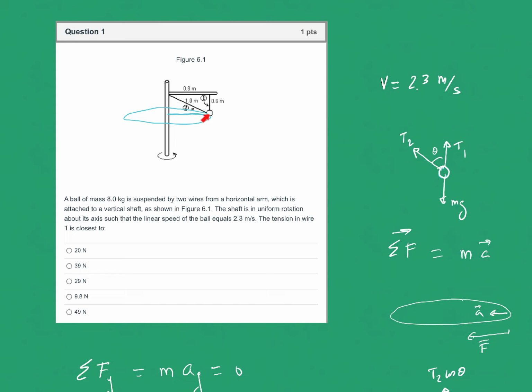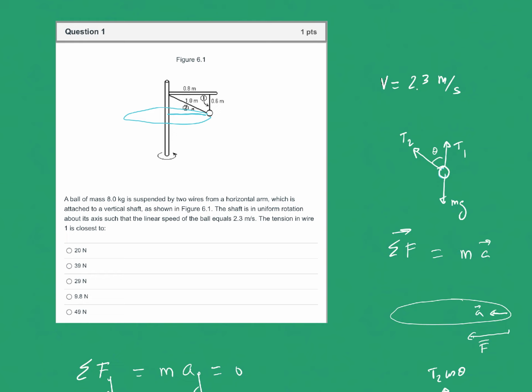How will you apply Newton's law? You will say, here is the object. What are the forces acting on the object? The weight going downwards, the tension of this wire, tension 1, and tension 2. These are the 3 forces acting on the object. Is there another force?